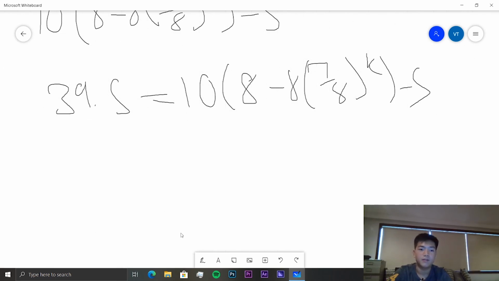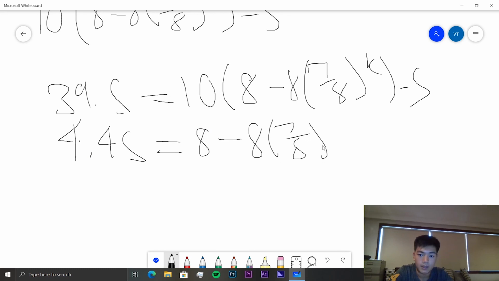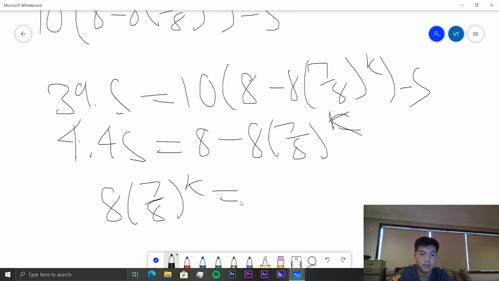So we have effectively 44.5 is equal to, 4.45 is equal to 8 minus 8 times 7 over 8 to the k. So we have 8 times 7 over 8 to the k is equal to 8 minus 4.45, so 3.55.